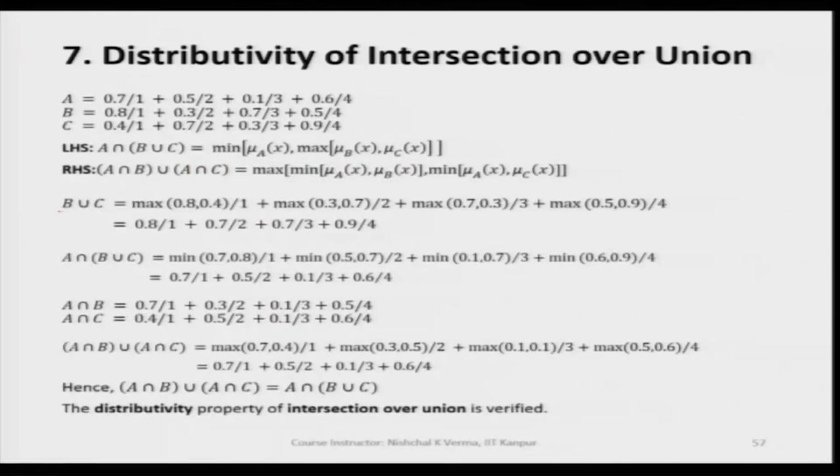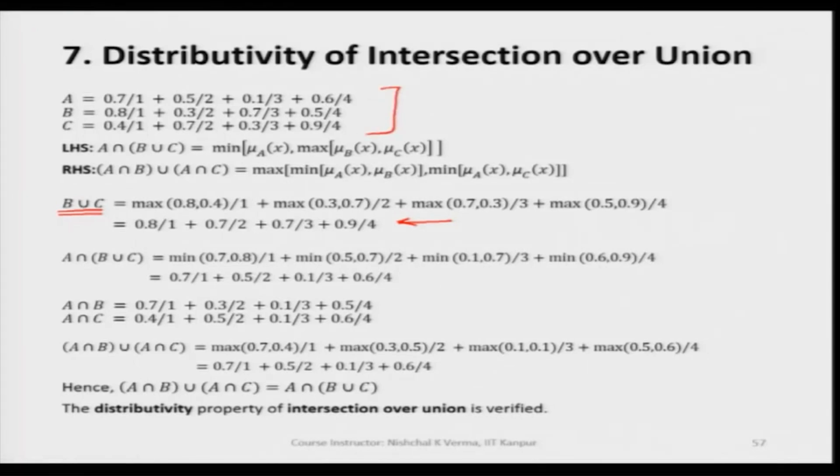B union C, after applying the max criteria, comes out to be 0.8/1 + 0.7/2 + 0.7/3 + 0.9/4, which is again a discrete fuzzy set. All these A, B, C are discrete fuzzy sets.